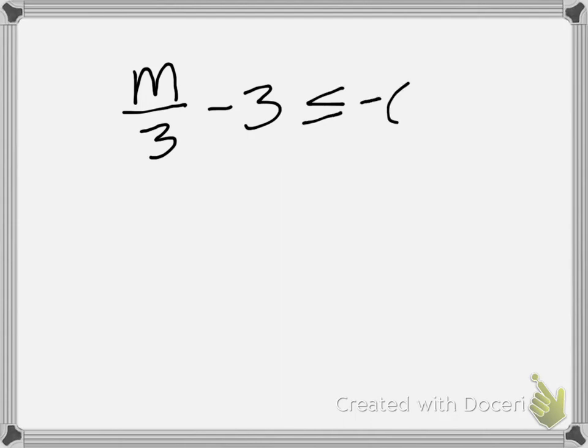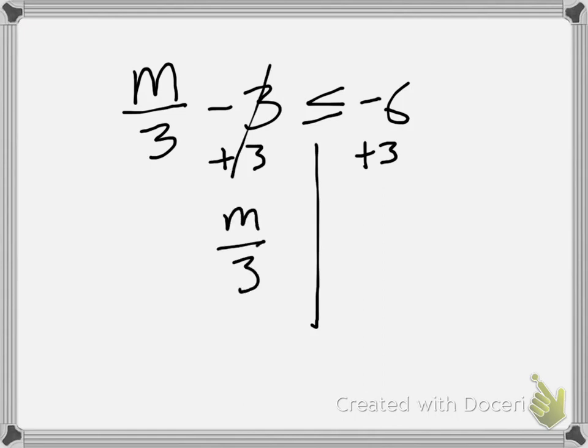Alright, let's do a 2-step that a bunch of you had trouble with. Maybe you didn't like these division ones. We're going to do m divided by 3 minus 3 is less than or equal to negative 6. We're solving for m, so we have to get rid of what was added or subtracted first, which is the minus 3. So we add 3 to both sides. Those cancel, so we're left with m over 3 on the left.